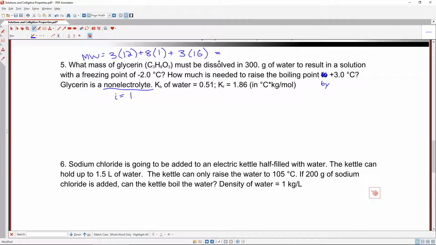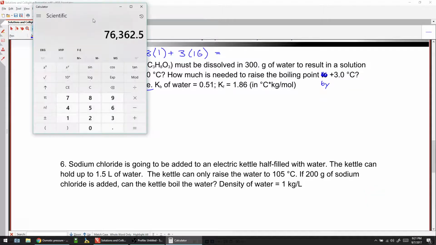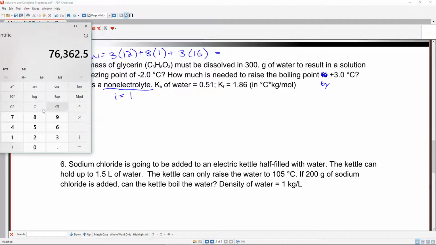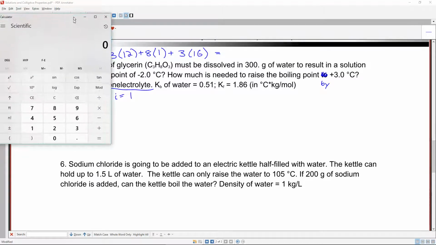So that is equal to 36 plus 8 plus, what is 16 times 3?